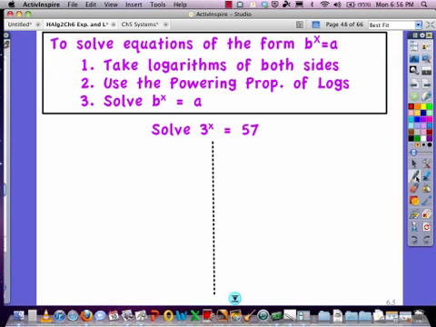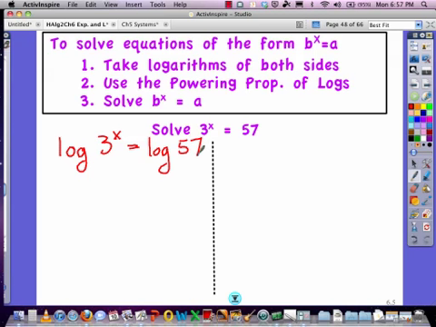Now, when we look at this, we should be able to talk about our base 10 and other bases. But let's take that equation, and according to these processes, take the logarithm of both sides. So if I took the log of both sides, I would have the log of the left side equals the log of the right side.